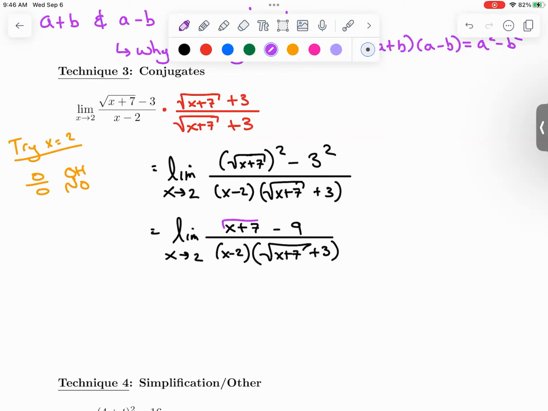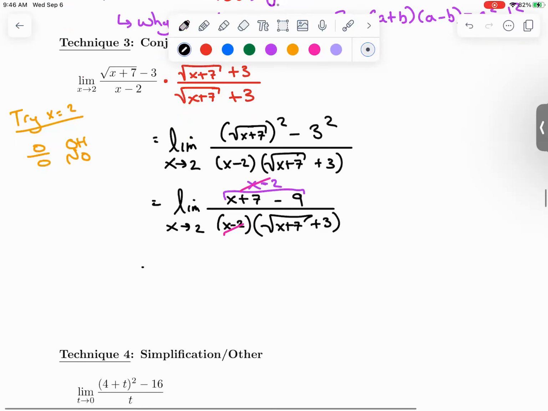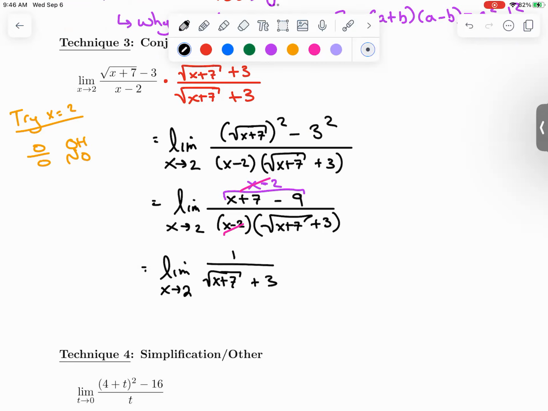So writing above this, well, this is going to be x minus 2. Combine like terms, you're going to get x minus 2, and then those things will cancel. Boom. We're going to get the limit as x approaches 2 of 1 over the square root of x plus 7, plus 3. And now we're going to take the limit.